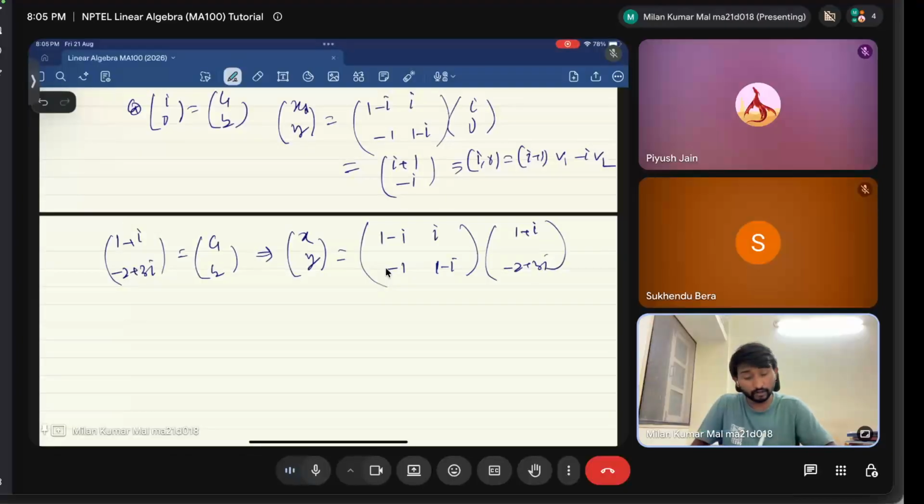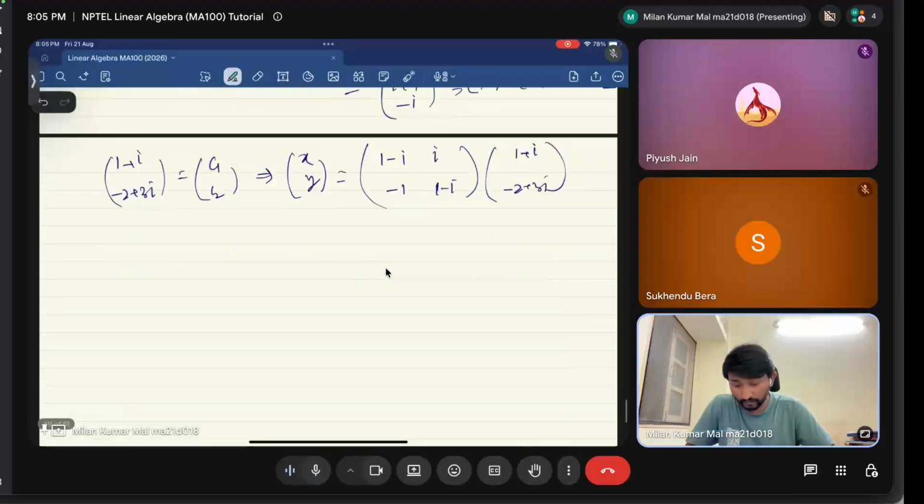I will not do this because this is not much relevant. You can do that. In that situation x will be equal to, that means the first coordinate, minus 1 minus 2y, and y will be equal to, okay, I'll do it, not a problem, 4i.